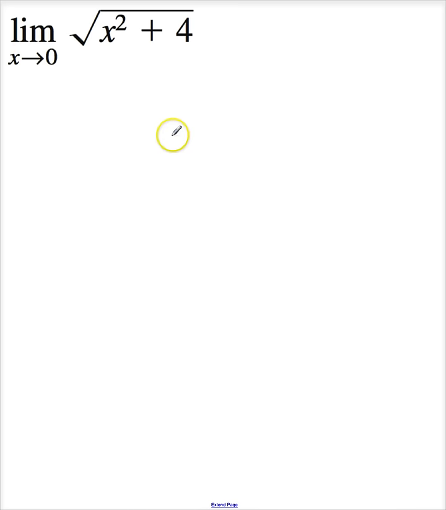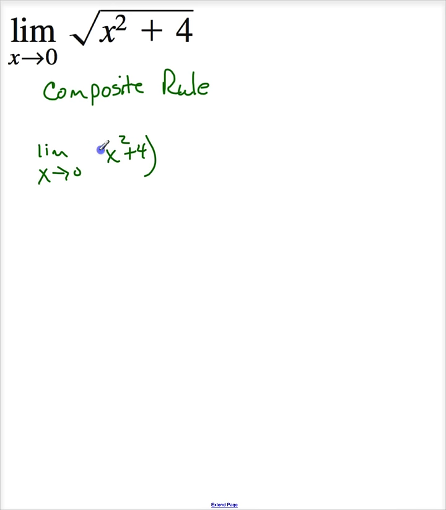Let's look at this one right here. This is the limit as x approaches 0 of the square root of x squared plus 4. Now, if I ask you to use the composite rule, then you do need to change this into the limit as x approaches 0 of x squared plus 4, raised to the 1/2.